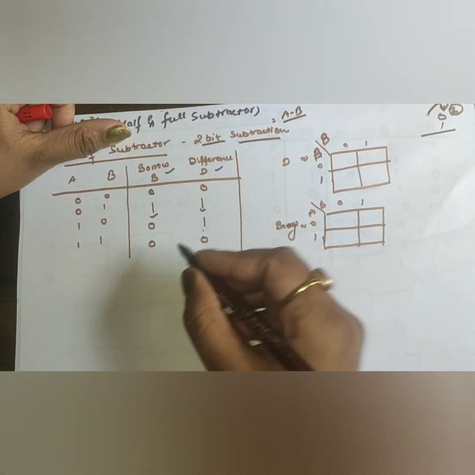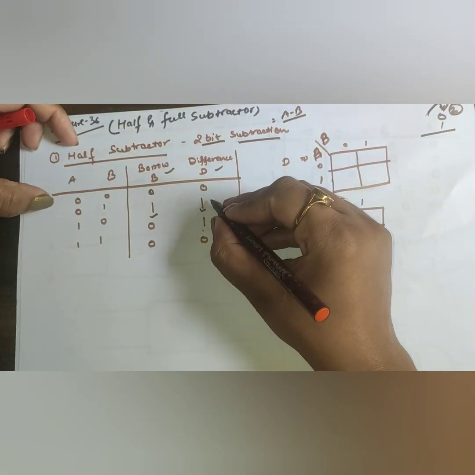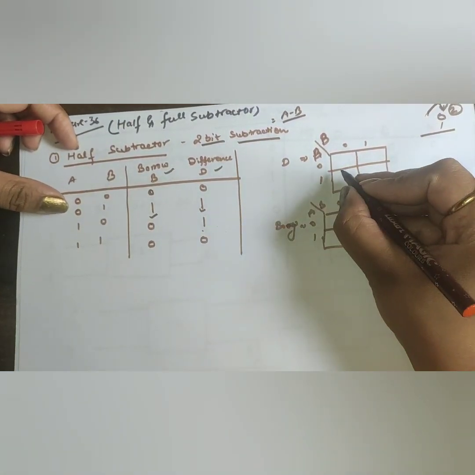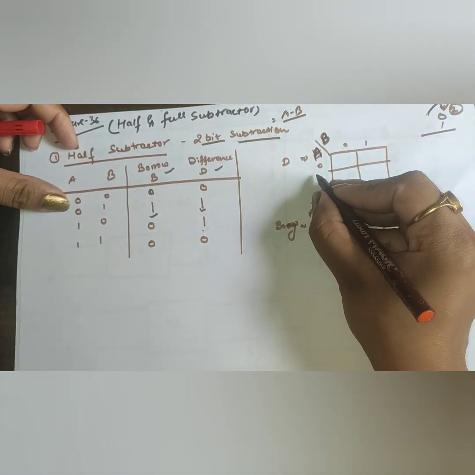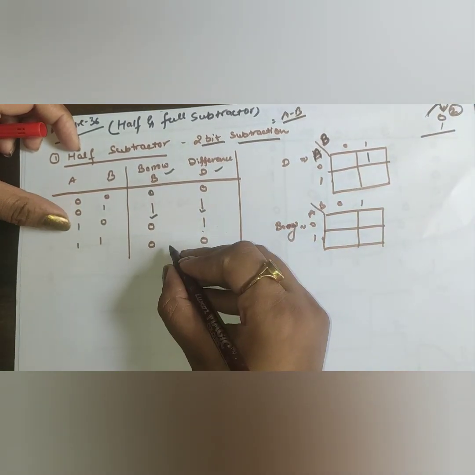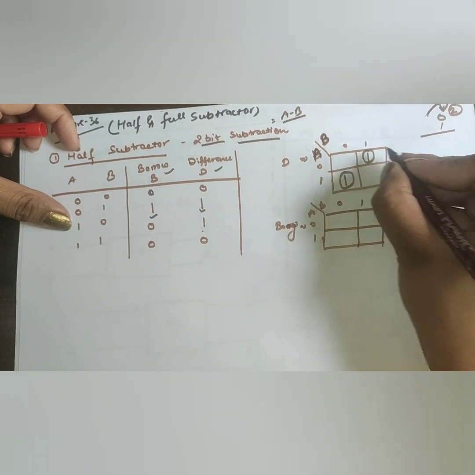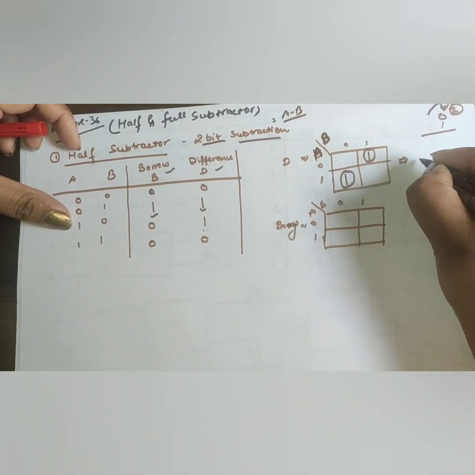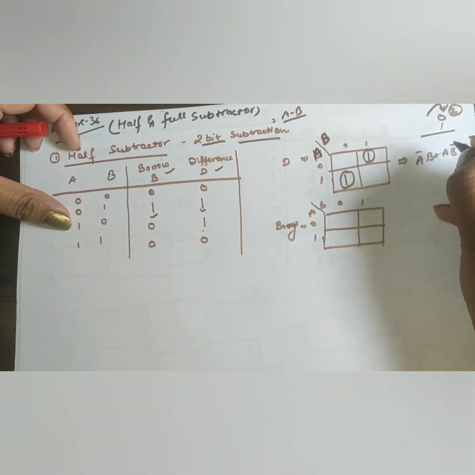Now we will make a K-map for difference. The difference is 1 where A is 0 and B is 1, and where A is 1 and B is 0. So there are 2 ones, that makes A bar B plus A B bar.